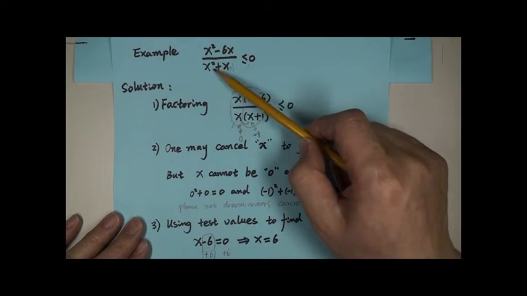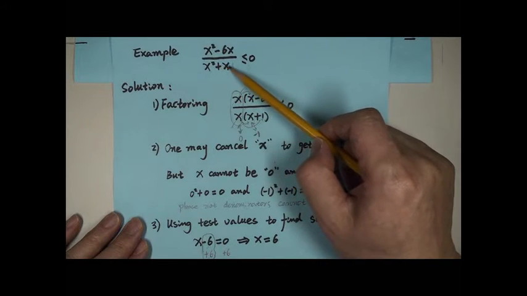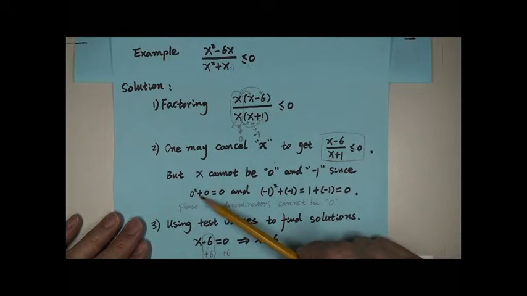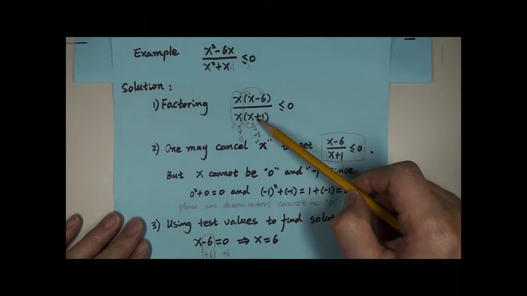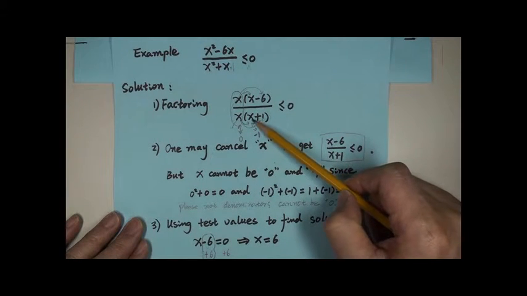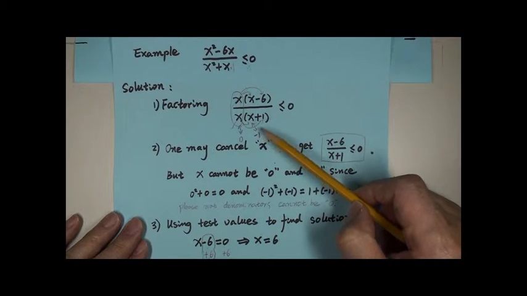If you plug in 0 here, 0 squared plus 0 is 0. Another thing is that x cannot be negative 1 either.